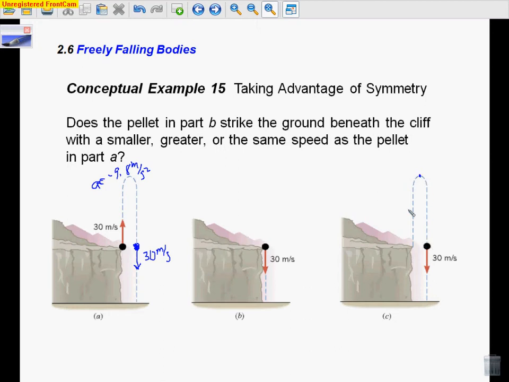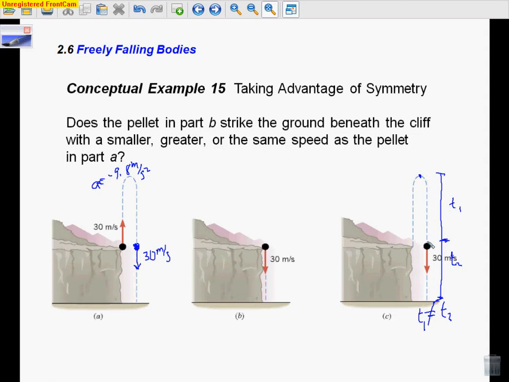Now, one thing where symmetry doesn't work is, say, if you take this height and divide it in half, this time here, we'll call this T1 and T2. T1 does not equal T2. That's because at the top here, it's stopped, and then it's speeding up, speeding up, speeding up.